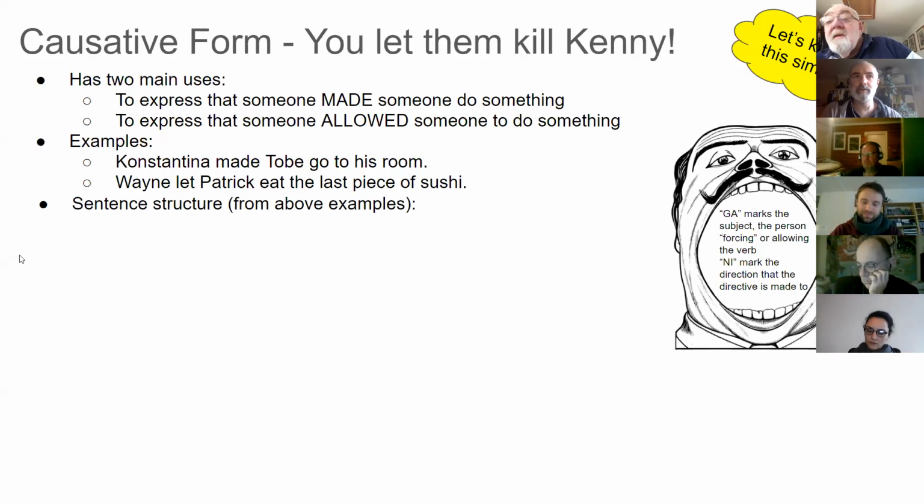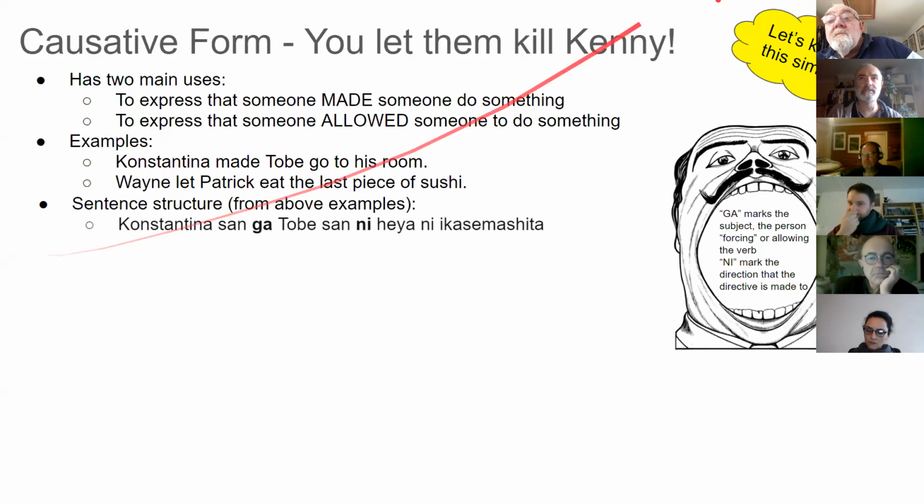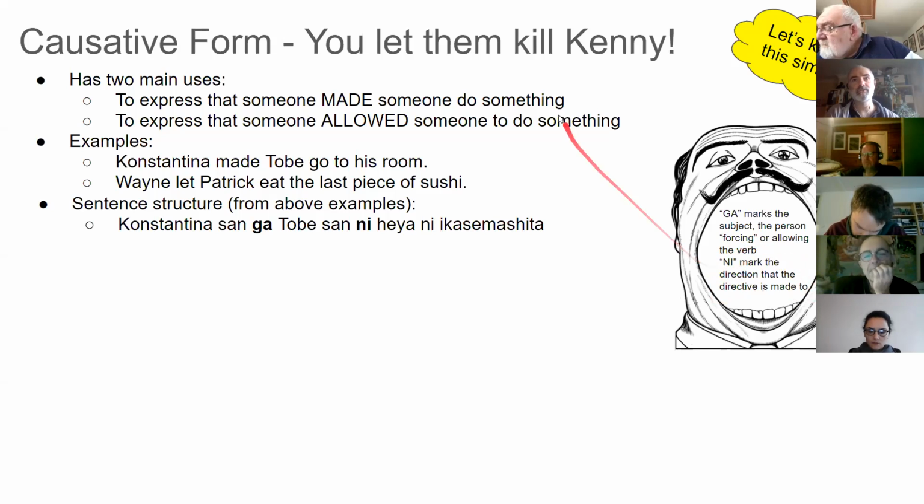Now, from those two examples, the sentence structure is, have I got a little animation going somewhere? There we go. So ga marks the subject, the person who is forcing or allowing the verb to happen, and ni marks the direction that the directive is made to. So the person who is being made or being allowed to do something.